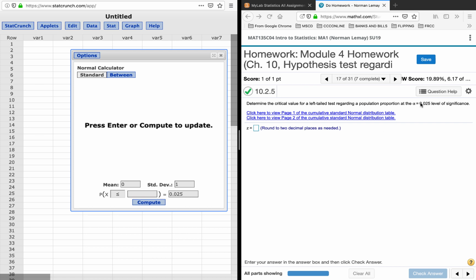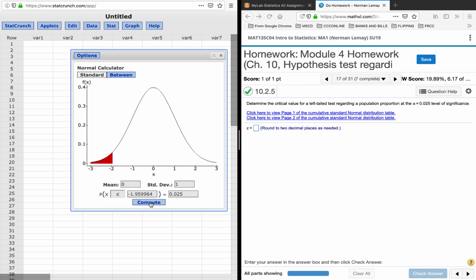which is what we have here, this is the part we want to find, and since this is a left-tailed test, I need this direction to be less than. And notice we could switch it for an upper-tailed test. Now we just click compute, and for our left-tailed test, notice that we want to round to 2 decimal places.